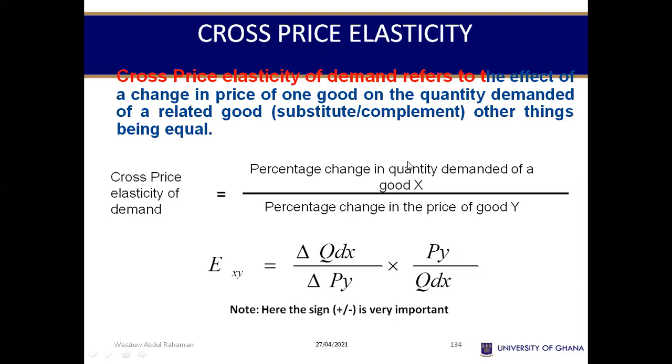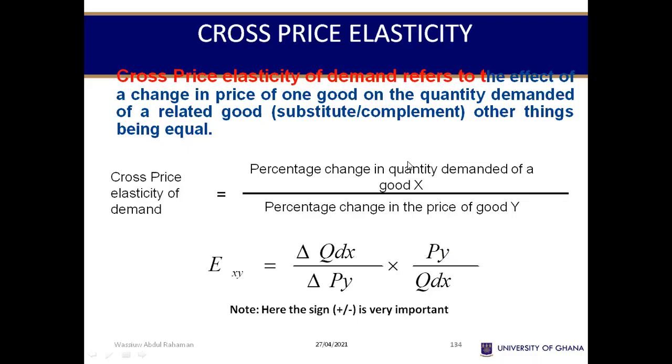Another way of finding it is to use the second formula on your screen. If you remember, I told you last week that the first formula can be simplified to the second formula. So the second formula will be the change in quantity demanded divided by the change in the price of the other commodity, multiplied by the price of the other commodity divided by the quantity. Now one would ask, what should the price and quantity be?